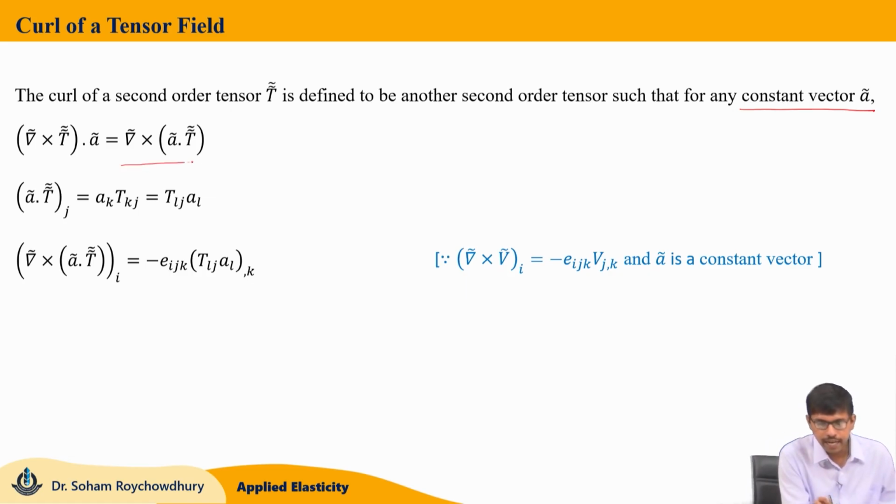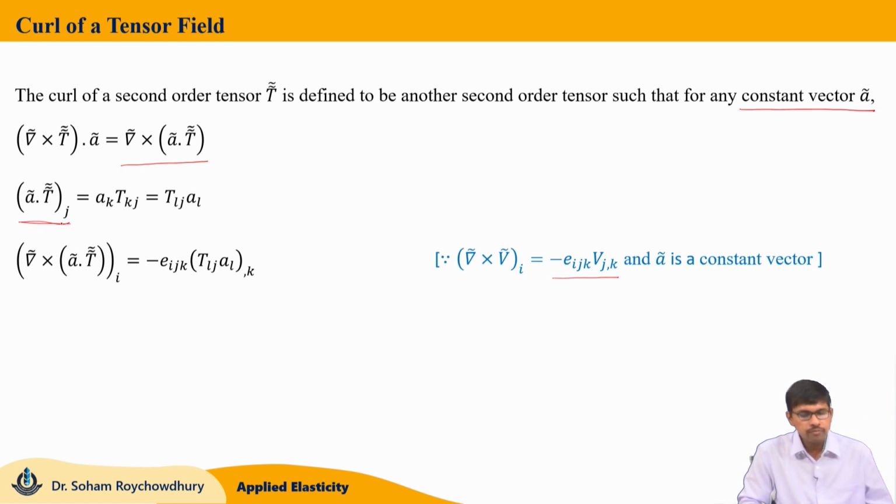If you are considering the right hand side of the given identity, the ith component of curl of A dot T, with the help of the curl of a vector definition as discussed in the previous slide, curl of V is minus e_ijk v_j,k, where V is basically this quantity here, A dot T. So, the ith component of curl of A dot T is minus e_ijk (T_Lj A_L),k.